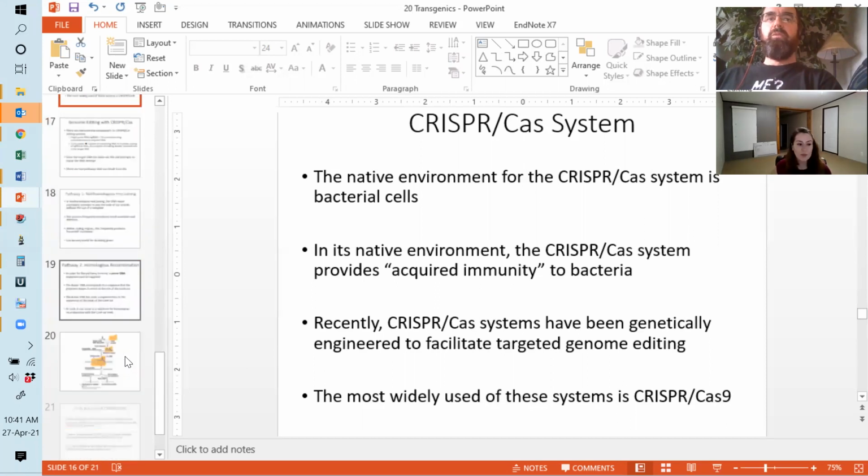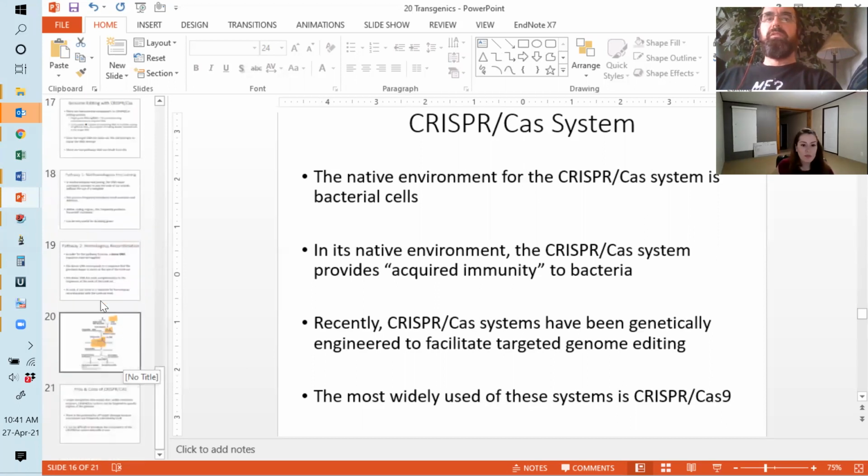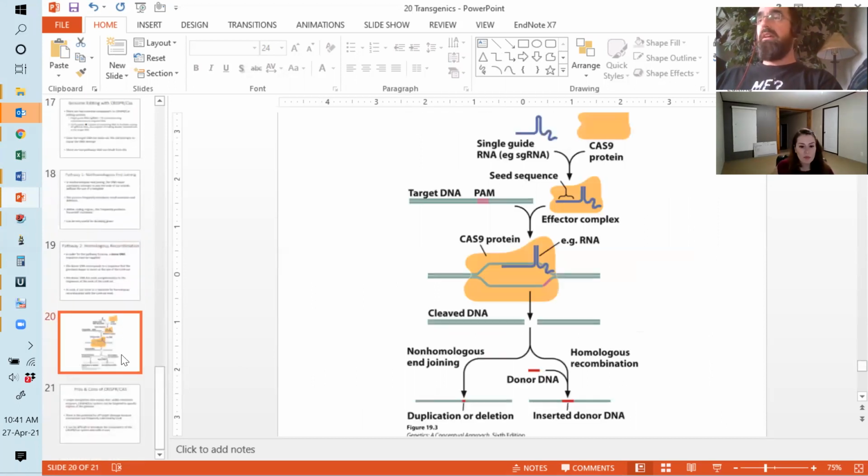And so how it actually works in humans or any other model organism that you want to use is a two-part system, right? One part is the Cas9 protein. This is the protein that does the cutting and the modifying. The other part is your guide RNA. And this is what you design, right?